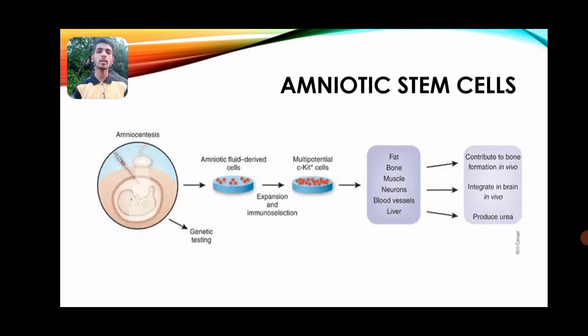After the generation of the embryo, the amniotic fluid and amniotic membrane are formed. For collecting these stem cells, by using a syringe or therapy, we can collect the amniotic stem cells, and they have much potential to develop into various types of tissue like skin, cartilage, cardiac tissue, nerves, and muscle and bone cells as well.